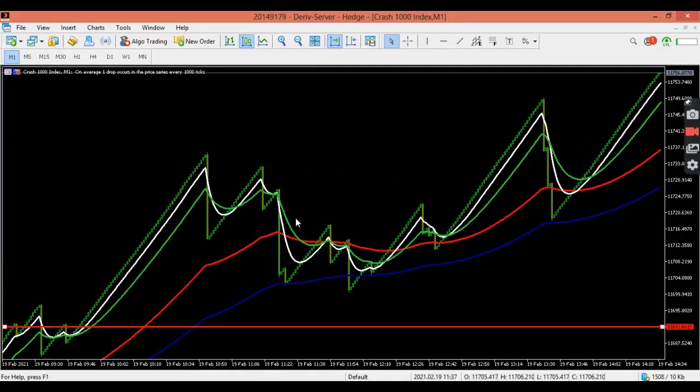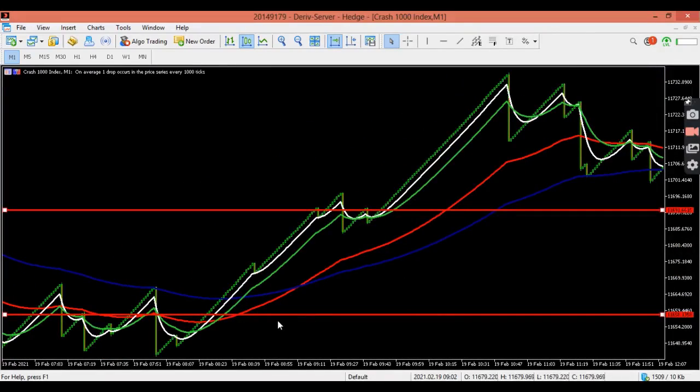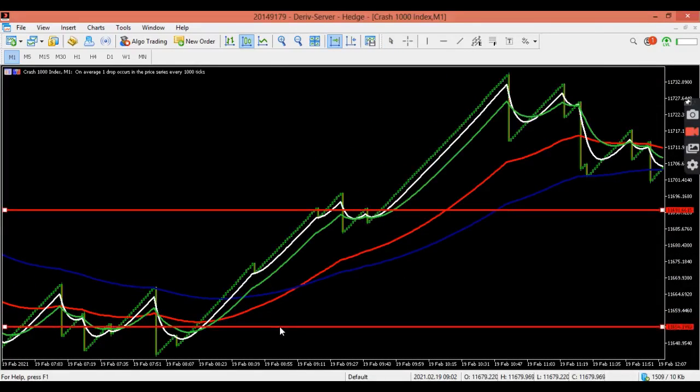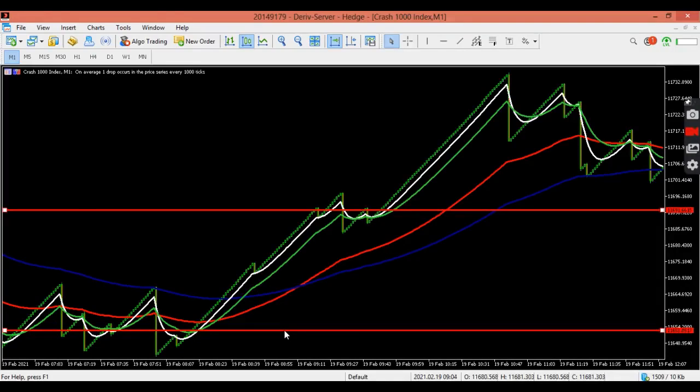I think I have to update my data because I need to do this clearly. Okay. So this is it. You can see this is the first confirmation, where the white and the green cross.